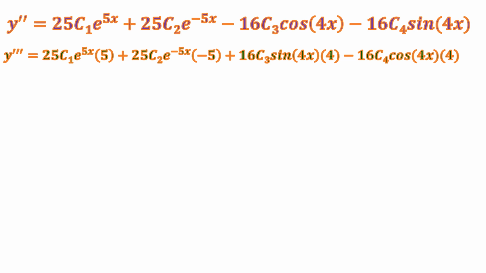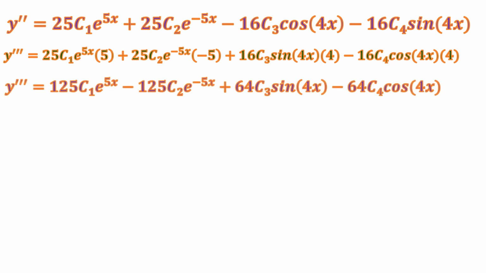But for sine, the derivative of sine is just cosine, so the negative 16 will remain. And then we're going to multiply each constant. 5 times 25 is 125. Negative 5 times 25 is negative 125. 4 times 16 is 64. 4 times negative 16 is negative 64. And that is the third derivative.